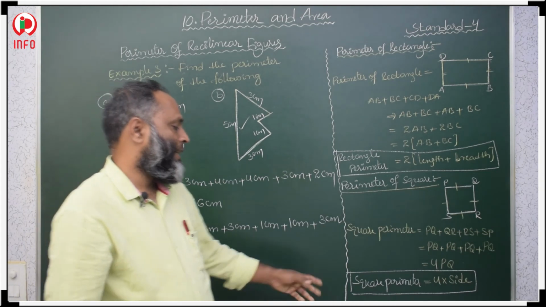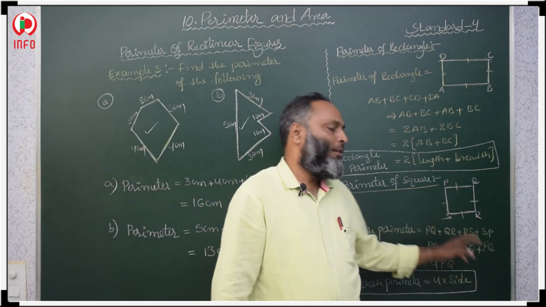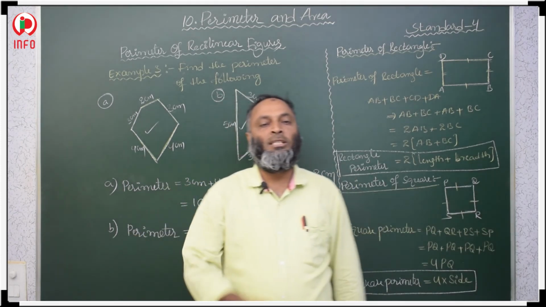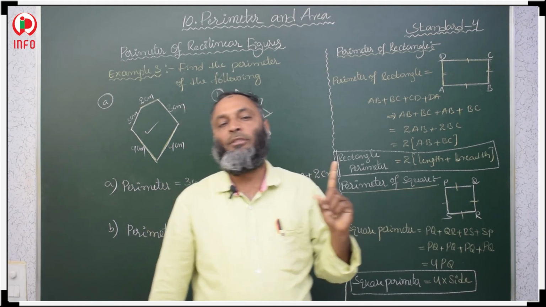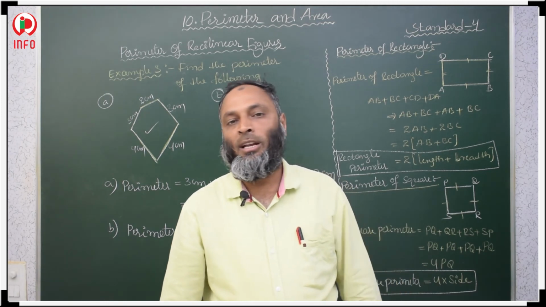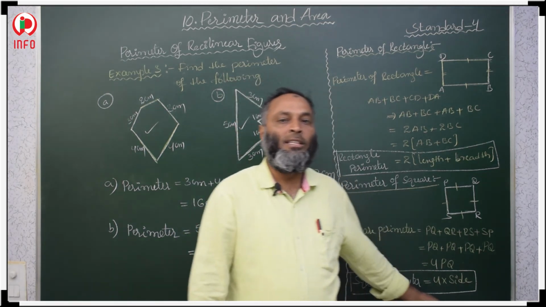So there is a direct formula. No need to add all 4 sides, PQ plus QR plus RS plus SP. Just multiply the side by 4. If you know one side, multiply it with 4 and you will get the perimeter of a square. This is the short formula.